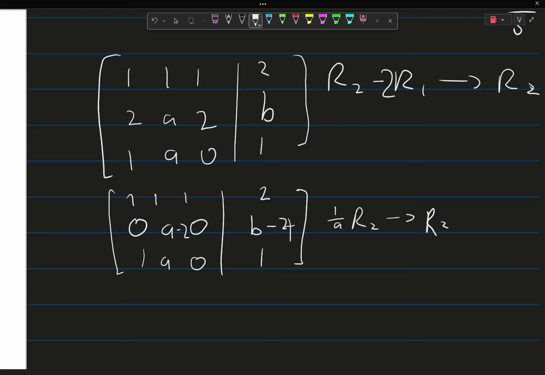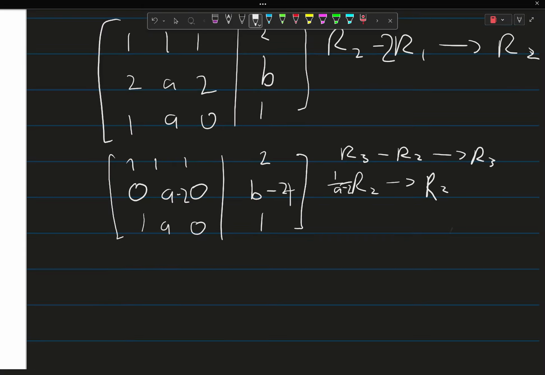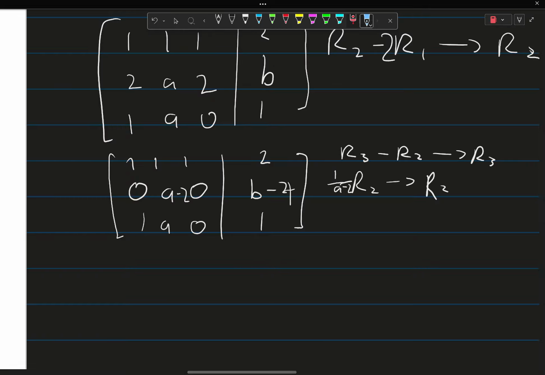So first off we'll have 1 over a minus 2 row 2. But before we do that, we'll have row 3 subtract row 2. So we use the a minus 2 to cancel that out, and then we cancel that out by dividing by a minus 2.